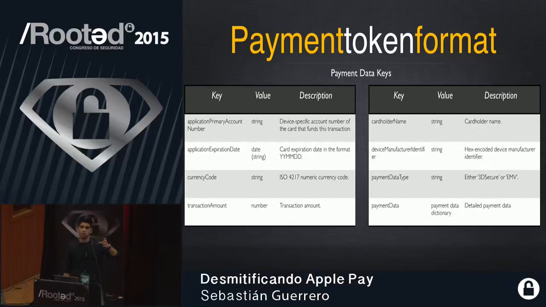As I said before, this dictionary, which is a cipher, what information does it contain? It is made up of several fields. Of course, you have the application primary account number, the expiry date, who is the holder and owner of this account, the amount of the transaction of this payment, and other relevant information, but I won't mention it here. But keep this in mind.